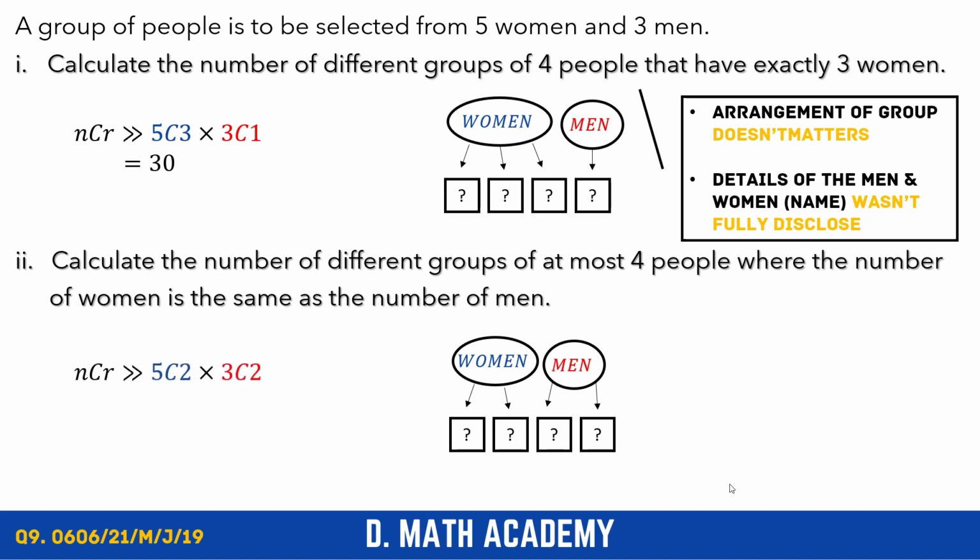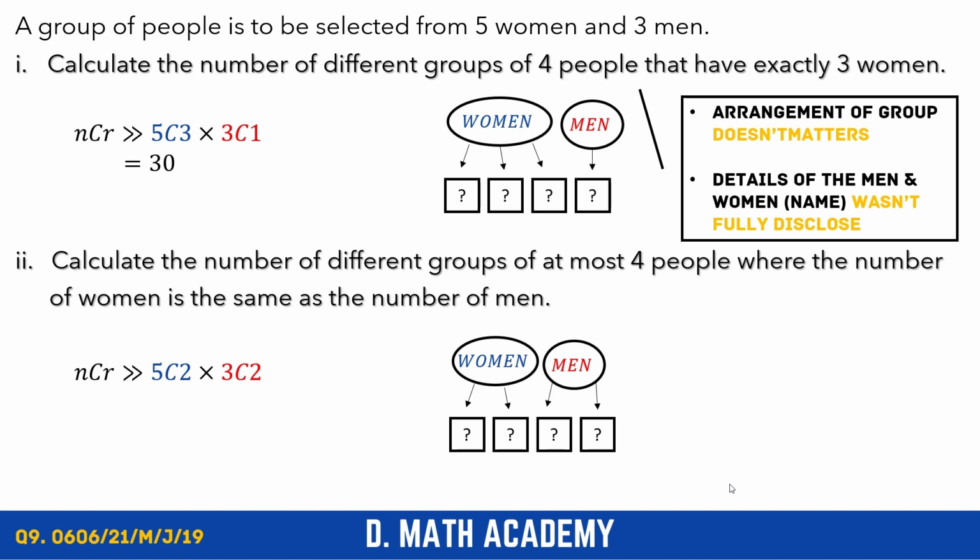If you stop here, then you fall into the trap of the examiner. The keyword in this question is actually "at most", which means that it can be a group of 4, a group of 3, a group of 2, or simply 1 member only.